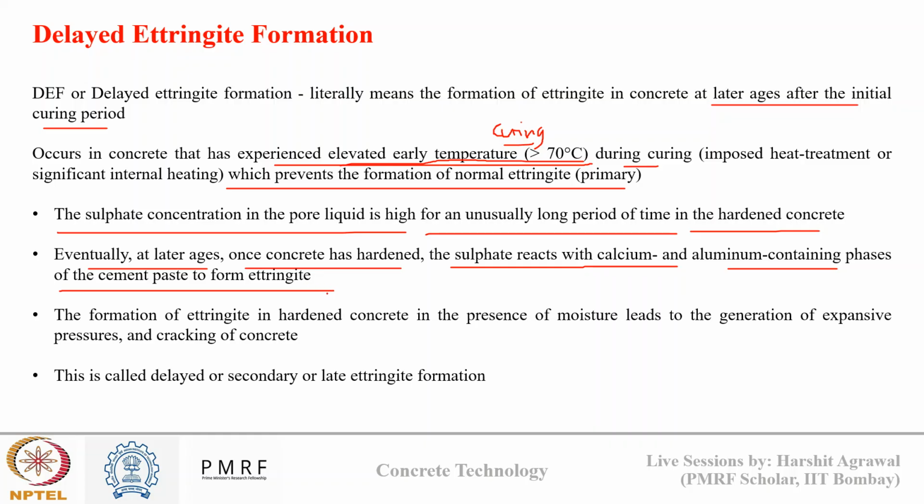This formation of ettringite in hardened concrete in the presence of moisture leads to generation of expansive pressures and cracking in concrete. This process of delaying the formation of ettringite is known as delayed or secondary or late ettringite formation. Under such high temperature curing conditions, initially ettringite is not forming, but in the hardened state, ettringite is forming. And since ettringite occupies more volume than expected, it can cause cracking in concrete, and this can give rise to degradation of my concrete.